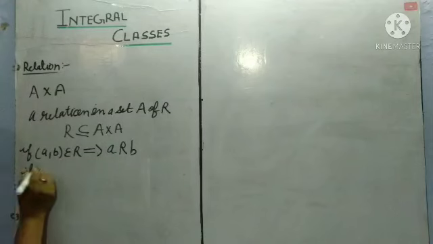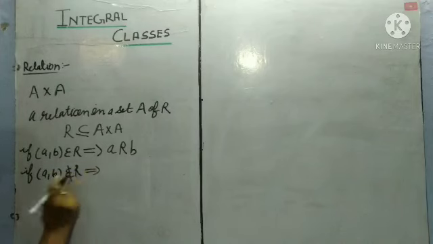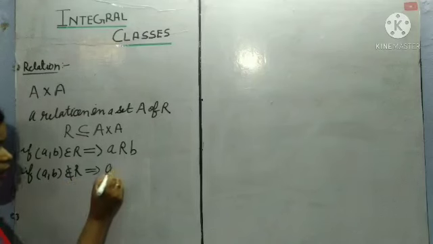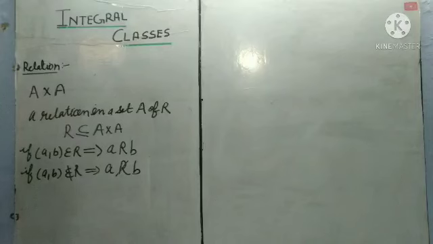Now on the other side, if we have given (a, b) not an element of R, then a is not related to b.